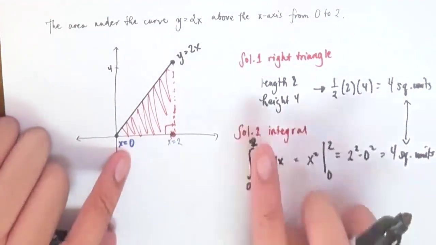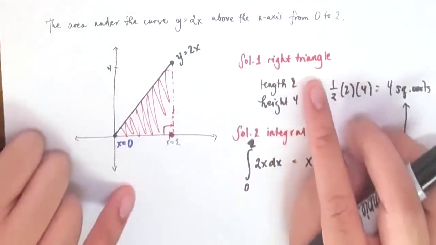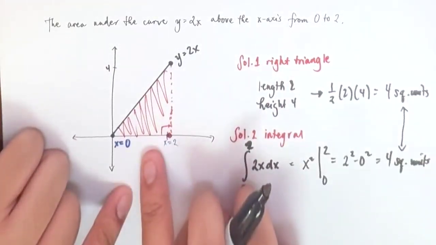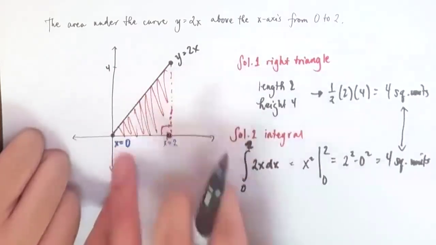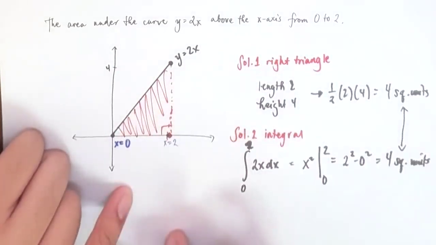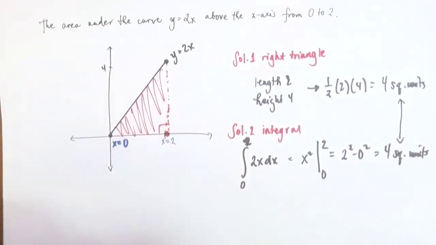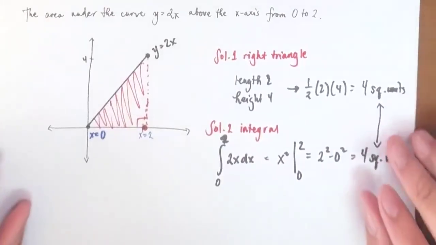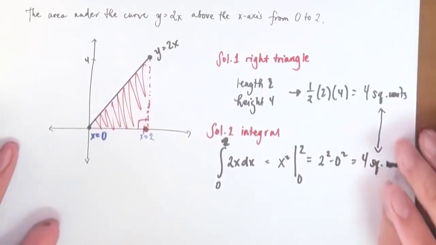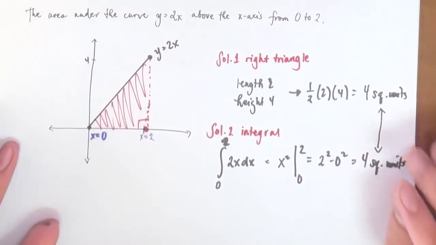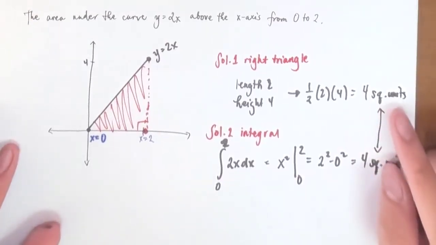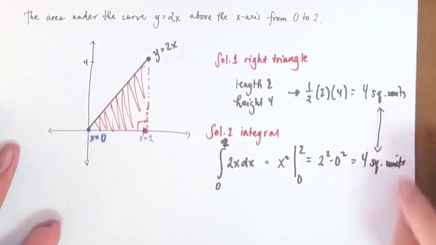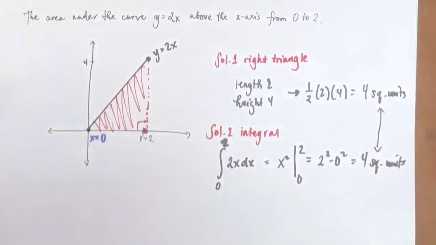Now for this particular example, it's quite easy because the figure that we're going to get is just a right triangle. But in many other cases, the area that we're going to get will not be as neat as this. And by the way, for this particular example, try to write square units.